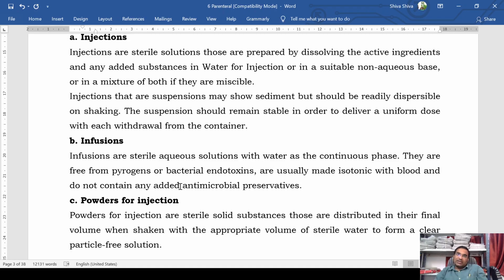Then powder for injections. We can call it a powder for reconstitution. These powders for reconstitution are reconstituted with the help of water for injection at the time of injection only.